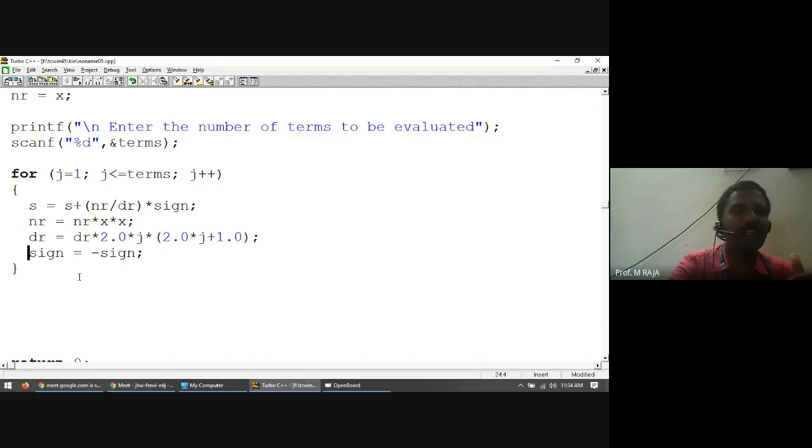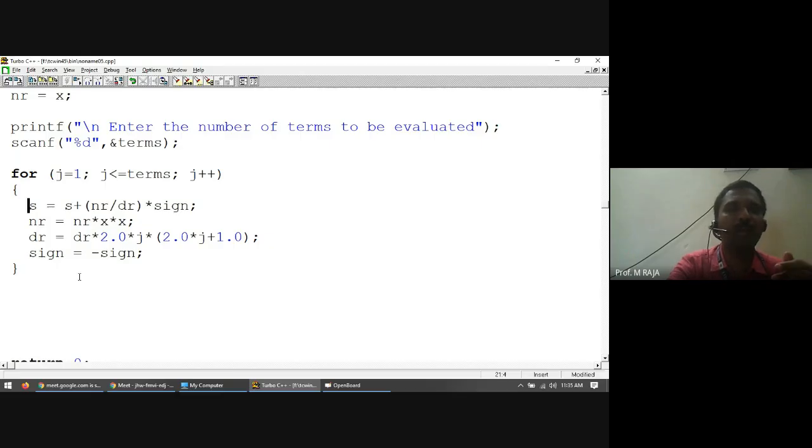Since currently terms is equal to 2, j is incremented by 1, 2 less than or equal to terms 2, condition is true. Now s is equal to s plus current s is x, numerator is x power 3, because when j is equal to 1 itself the numerator is evaluated, and denominator is 3 factorial, that we have evaluated when j is equal to 1 itself.